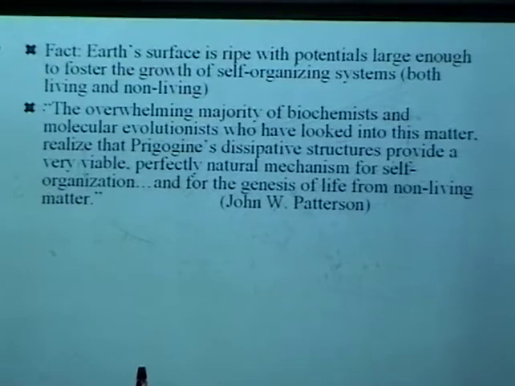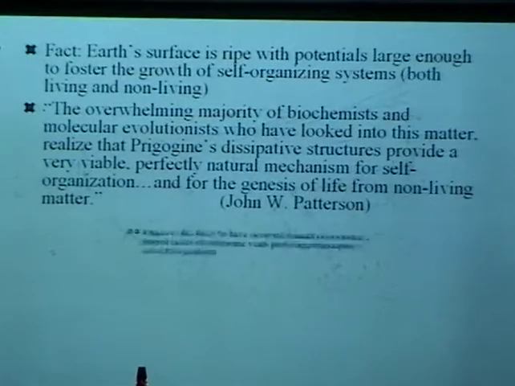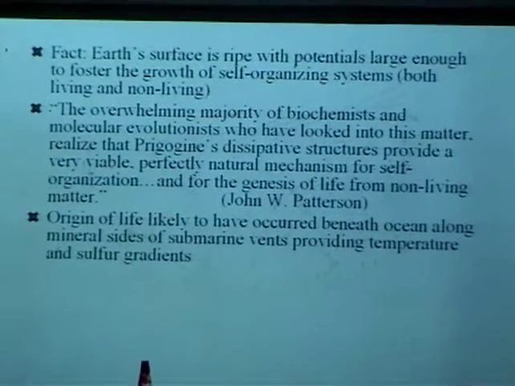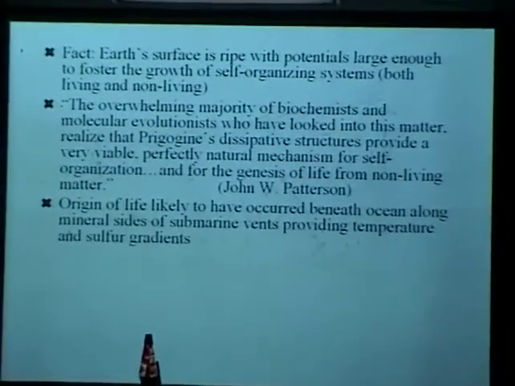They provide a very viable, perfectly natural mechanism for self-organization and for the genesis of life from non-living matter. It's quite likely, it's been hypothesized, that the origin of life would have happened beneath the ocean, where you have fairly good-sized gradients. You've got temperature and sulfur gradients there.